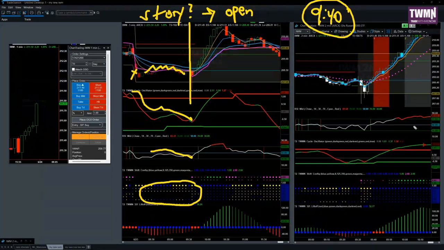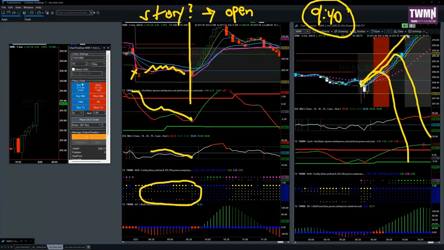Whether it's for a period of time, long or short, price action will tell us whether it's going to be 9:40 and then that, or 9:40 and then 10 o'clock. Price action will tell us later. I don't care about this. I just care about what it's doing at 9:40 if I want to trade the open.